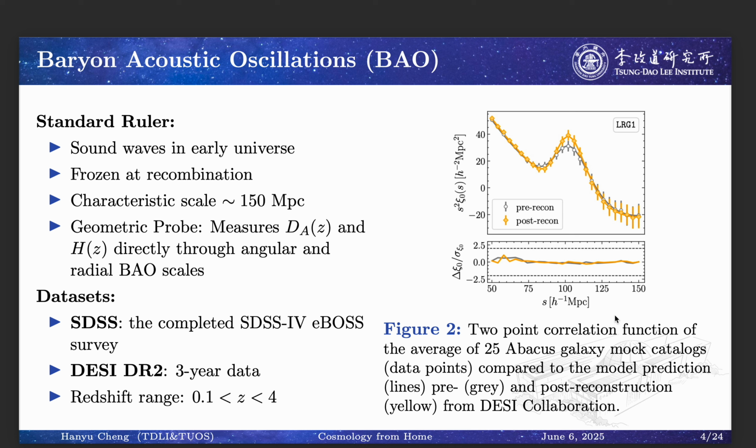The BAO datasets I use in my project include SDSS and DESI DR2. The redshift range of BAO is around 0.1 to 4.